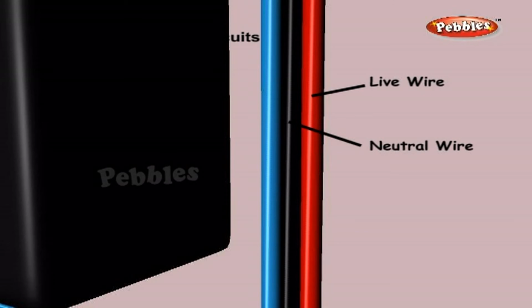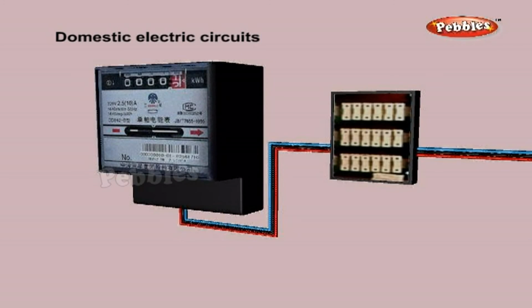In our country, the potential difference between the two is 220 volt. At the meter board in the house, these wires pass into an electricity meter through a main fuse. Through the main switch, they are connected to the line wires in the house. These wires supply electricity to separate circuits within the house.